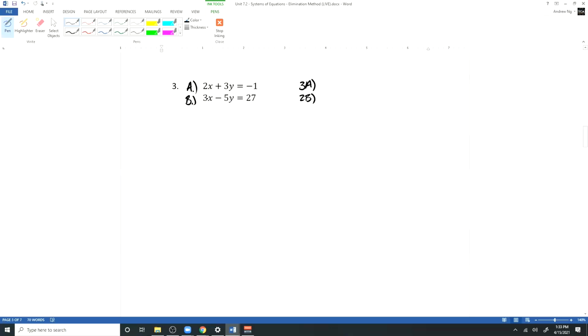When I multiply equation A by 3, this will make 6x plus 9y equals -3. And then multiplying everything in B by 2, this will be 6x minus 10y equals 54.